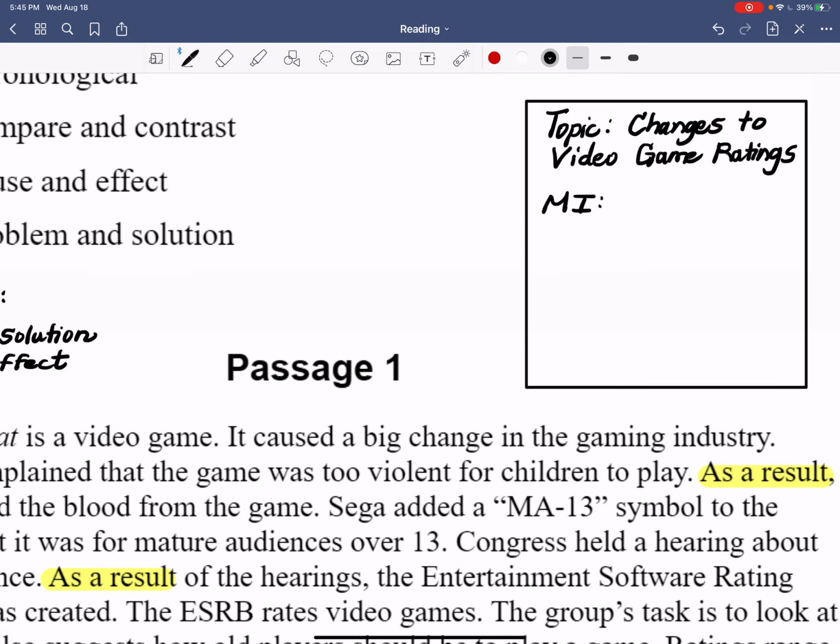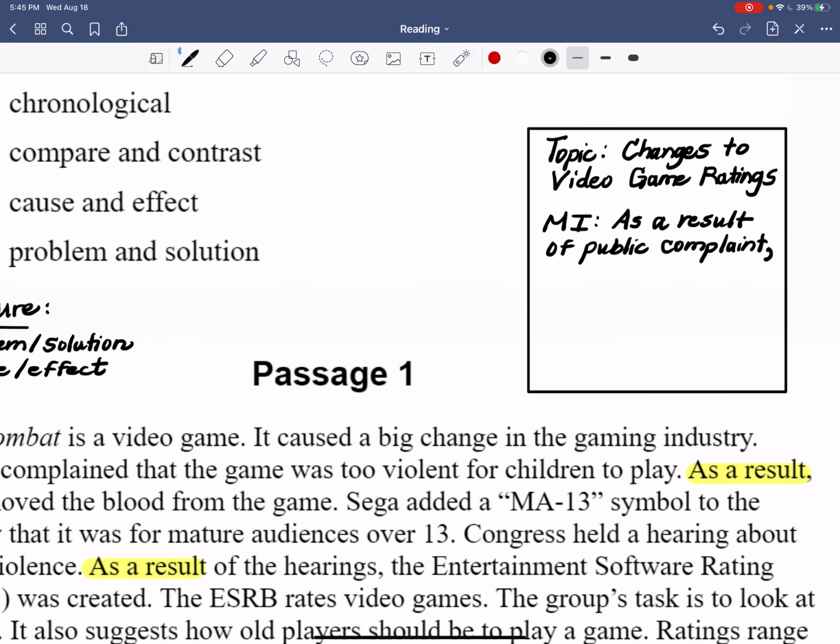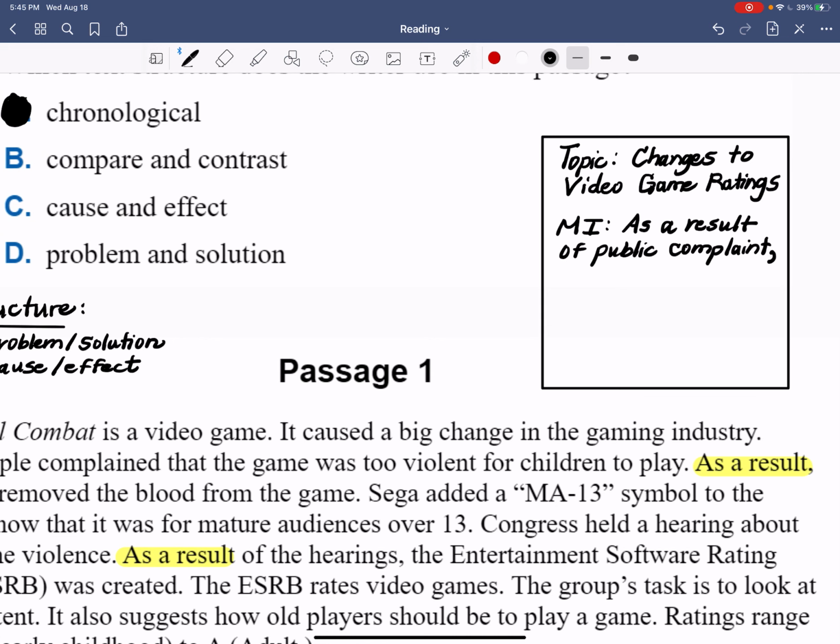So I'm going to say, as a result of public complaint, that was the problem. There's the result, the effect. I'm sorry, that's the cause, public complaint.